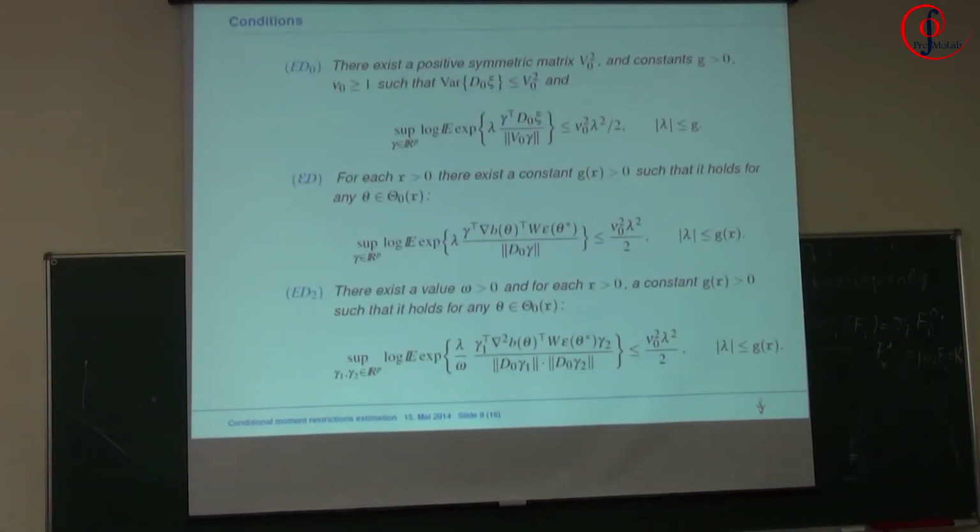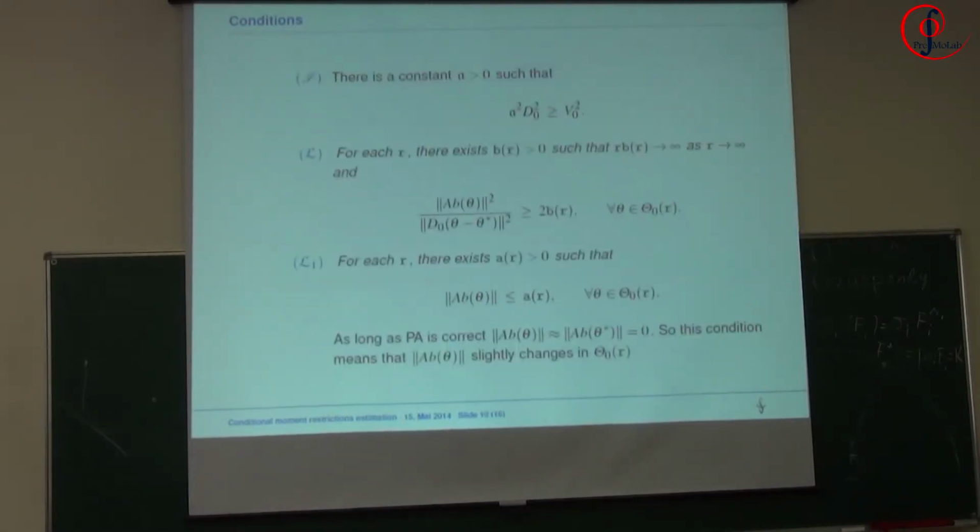For example, the D property is used to apply the generic chaining method to upper bound our stochastic process uniformly, and E2 is more of a gradient-based property, which gives us our Wilks expansion. I will tell about it later.